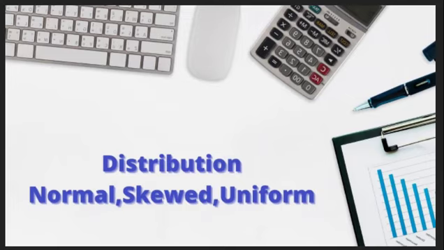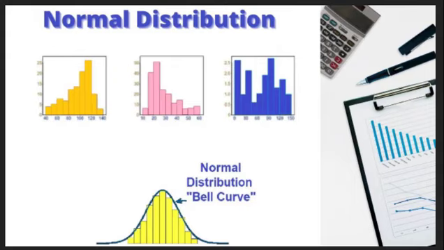Normal, skewed, and uniform. So, what is the distribution like? Let's have a look at this distribution. A way to interpret this data is, for example, between 40 to 50 the midpoint is 45, right? It's easy.